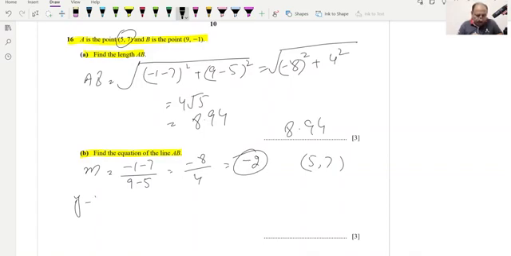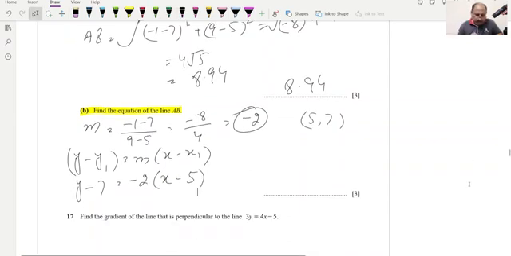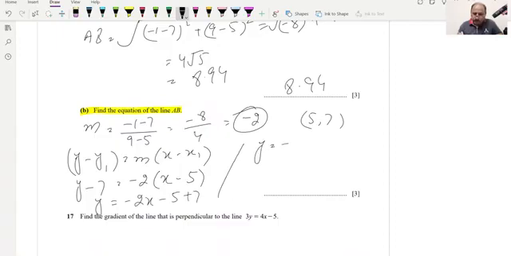We have the equation of the line in point-slope form. This will be y minus y1 is equal to m into x minus x1. We will replace: y minus 7 is equal to m, which is -2, into x minus 5. Now we can rewrite it as y is equal to -2x minus 5 plus 7. So the final equation will be y is equal to -2x plus 2.